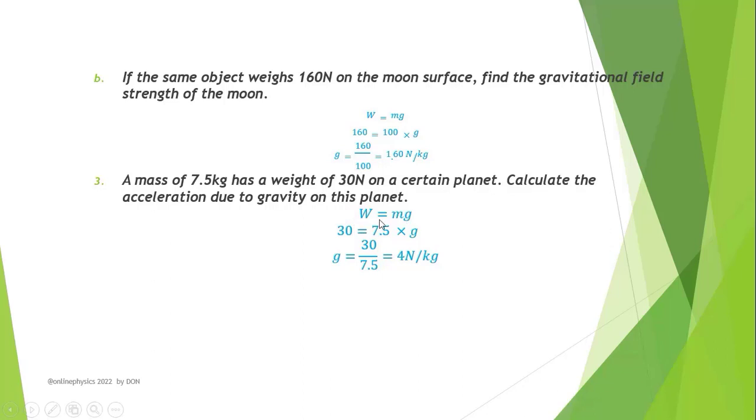Again, using the same formula, we substitute. W is equal to mg. Our W is 30, as you can see. Our m is 7.5, and our g is what is missing. So considering g as the subject, we divide both sides by 7.5. Our g becomes 4 newtons per kilogram.